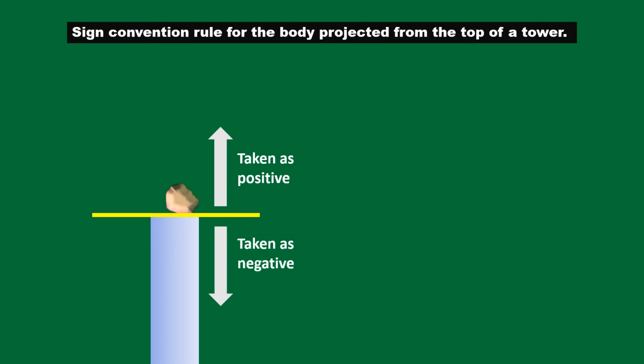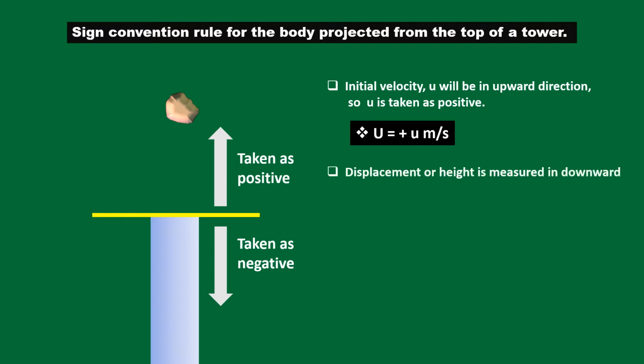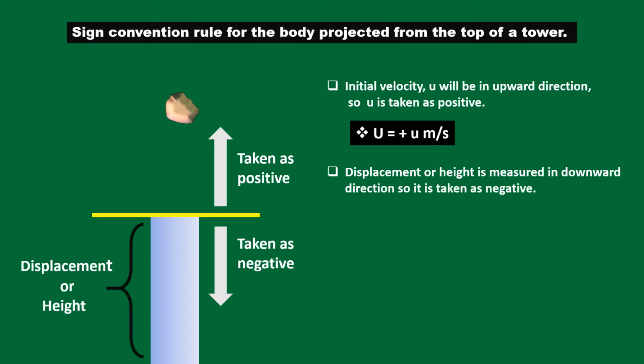For example, when the stone is projected from the top of a tower, first the stone moves in upward direction. So initial velocity u will be in upward direction, so u is taken as positive. So u will become plus u meters per second. Now displacement or height is measured in downward direction, so it is taken as negative.